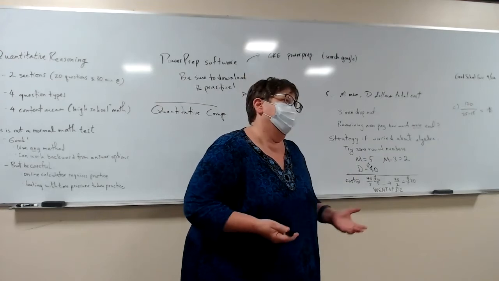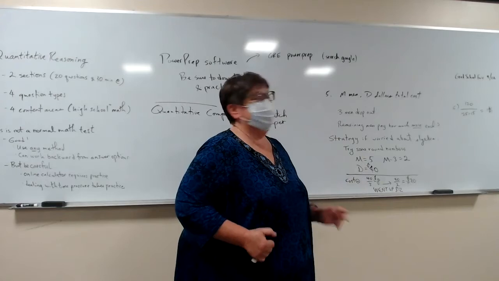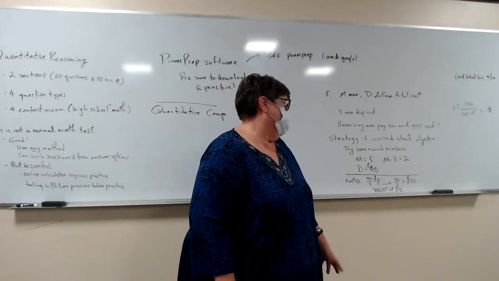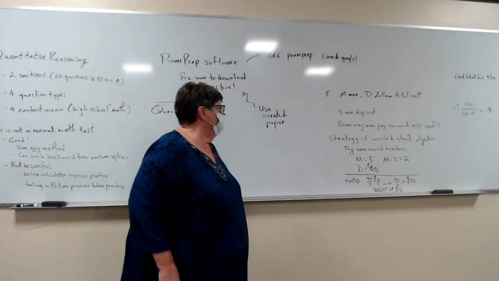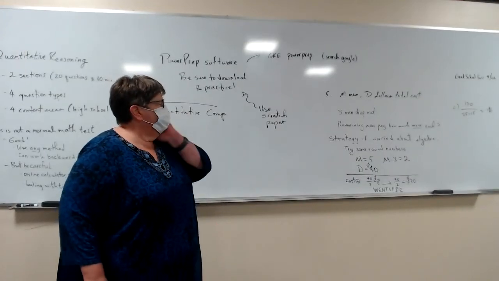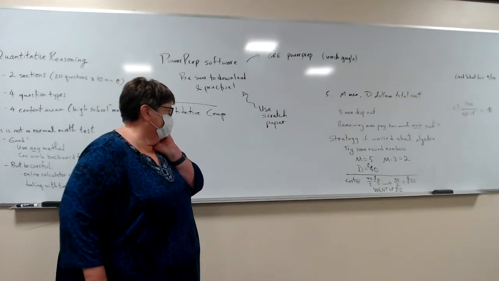Now you want to know how to do the algebra. But that's how you avoid the algebra, which a lot of times is faster to avoid it. Each remaining guy has to make up for the amount that was lost.